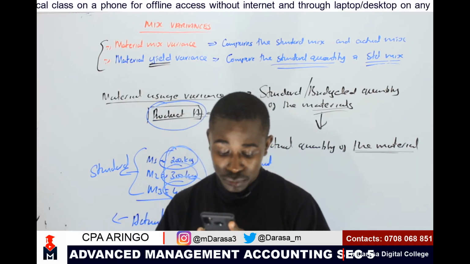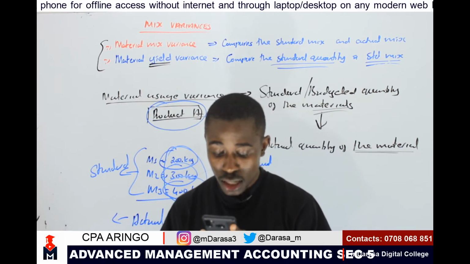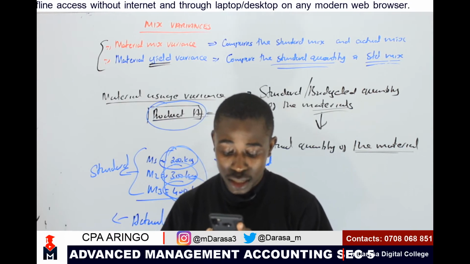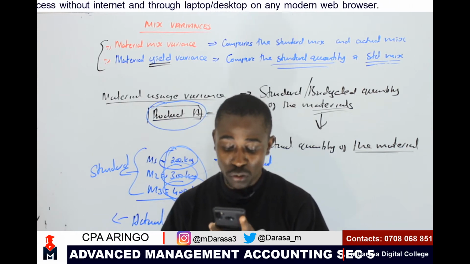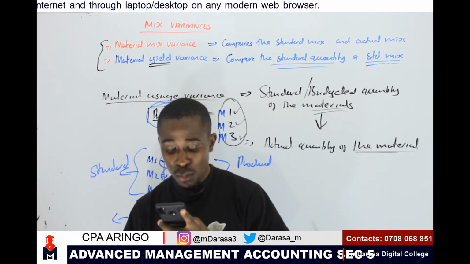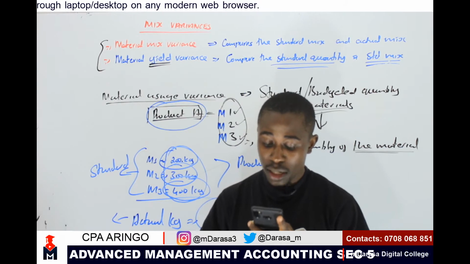I'm given ingredient PP, 30 kgs at 0.8 shillings per gram. KK, I'm going to use 25 grams at 0.12 per kg. Then I'm also given 15 grams at 0.10 per gram.